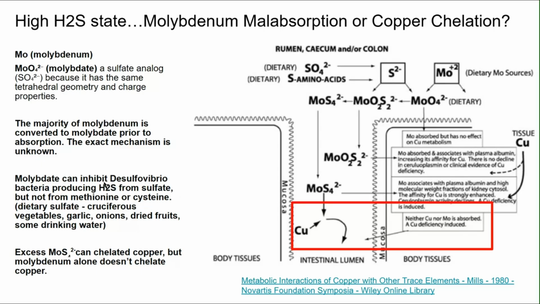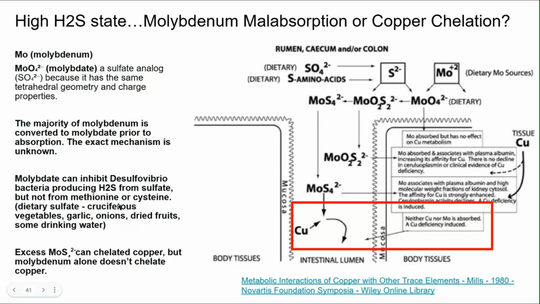And in particular, I was telling you about how molybdate can inhibit the desulfovibrio bacteria from producing hydrogen sulfide from sulfate, but it doesn't inhibit the metabolism of methionine or cysteine into hydrogen sulfide.